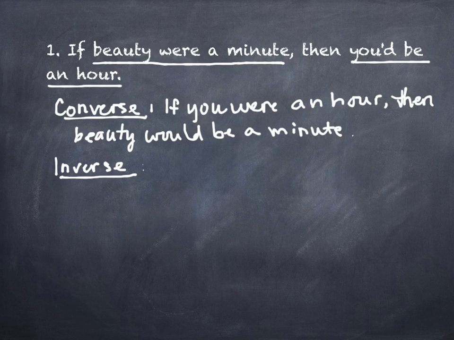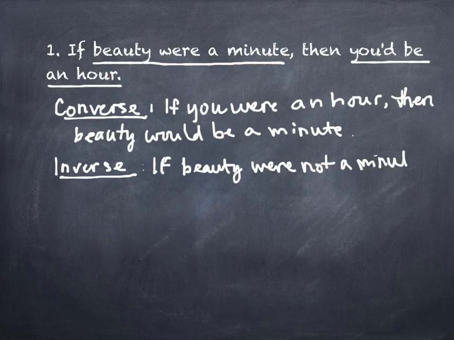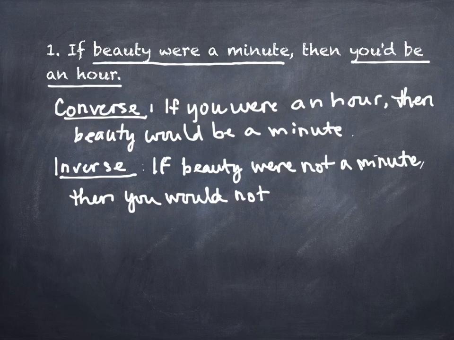If beauty were not a minute, or weren't a minute, then you would not be an hour. So if you were an hour, you'd be an hour, and now you're not going to be.